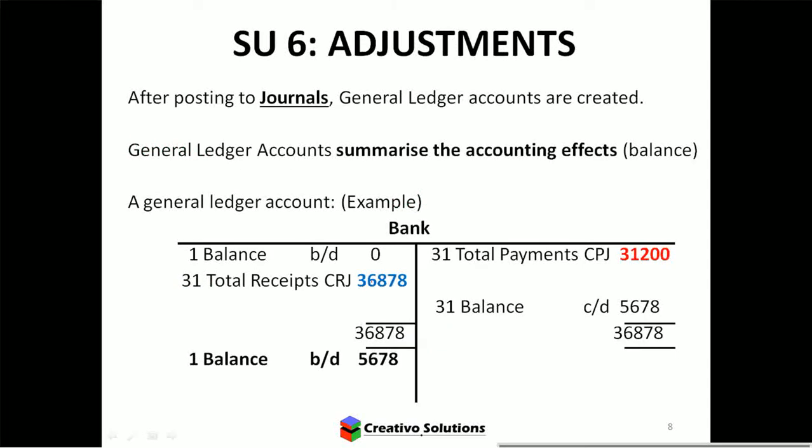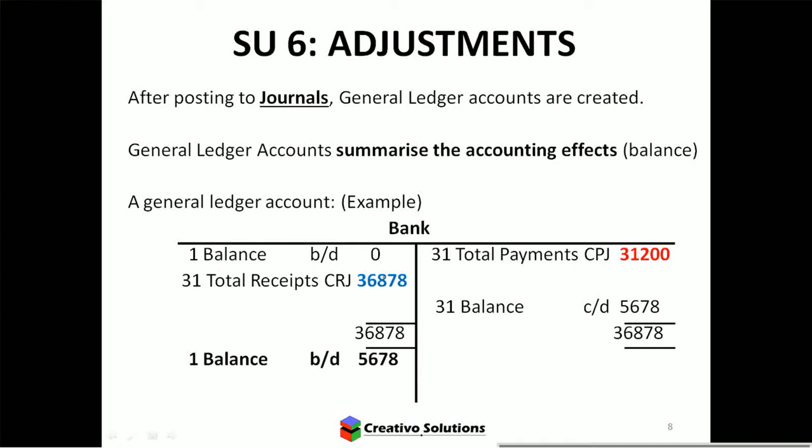Here's a note about adjustments. When do we do adjustments? Do you remember from your basics? During the year or at the end of the year? During the year, possibly, but most adjustments will be done at the end of the year. Why? What did we want earlier?